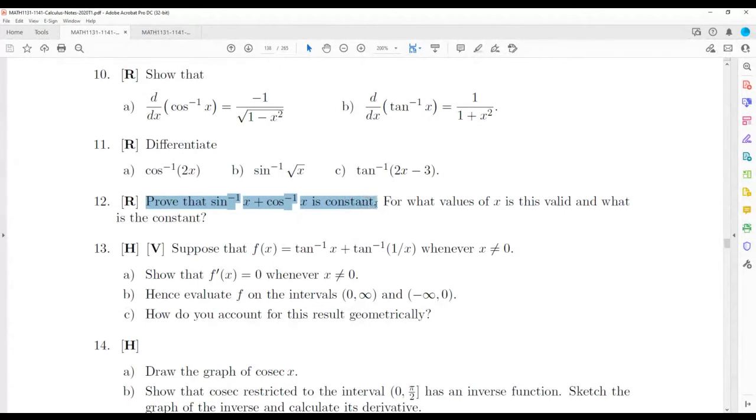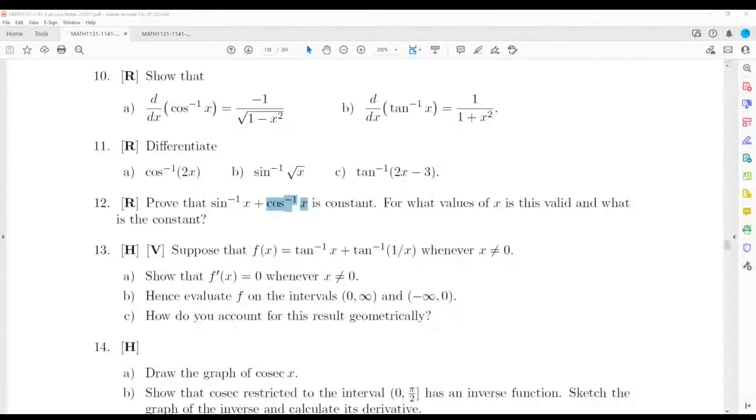Come on, there's 40 people here. Yeah, Lisa, find the derivative. So if you differentiate that, you get 0. And then all you need to do is plug in a particular value of x, say x equals 0 or something.